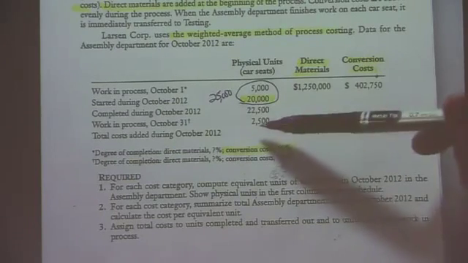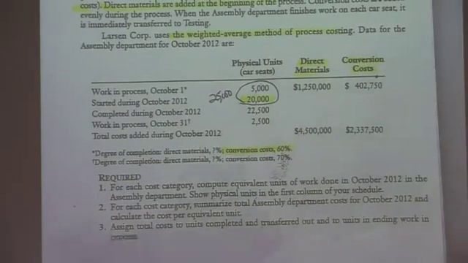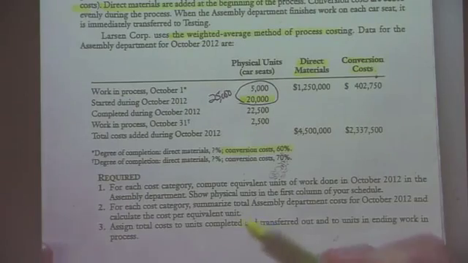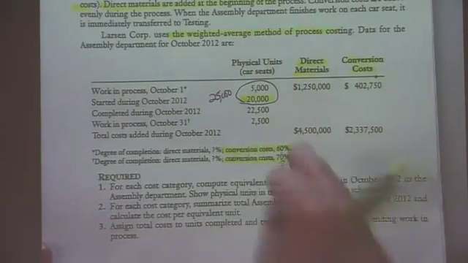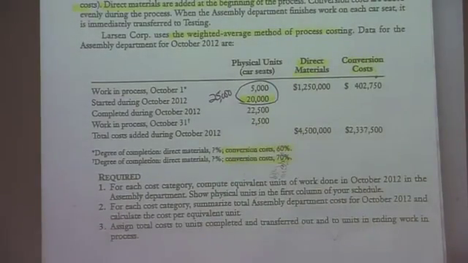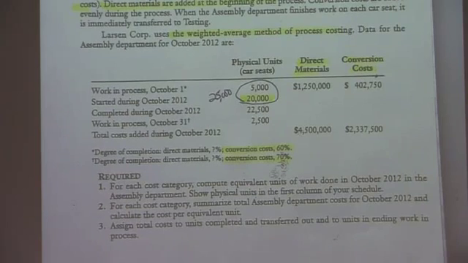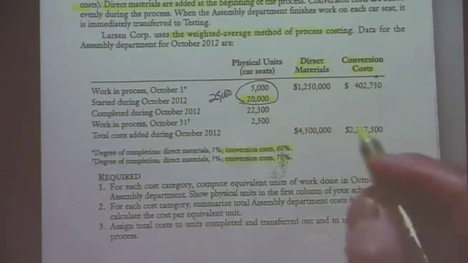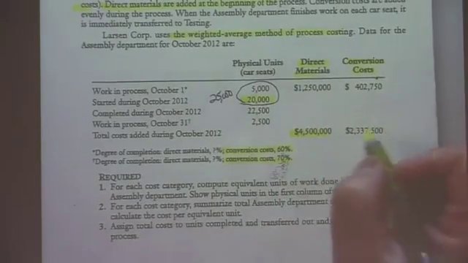Those have 70% conversion cost, meaning we've incurred 70%, and in the month of November, we're going to finish off 30% of these car seats before they go into the testing department. And these are the added costs for October.